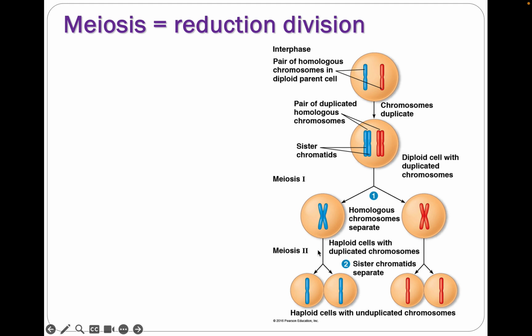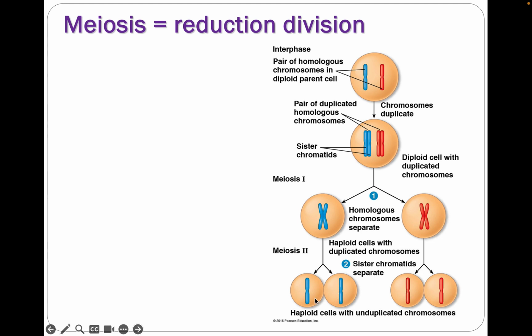In meiosis 2, haploid cells are produced as those duplicated chromosomes, the sister chromatids, are separated. So after meiosis occurs from a single parent cell, we should have 4 haploid cells.